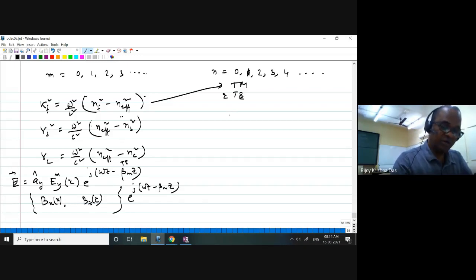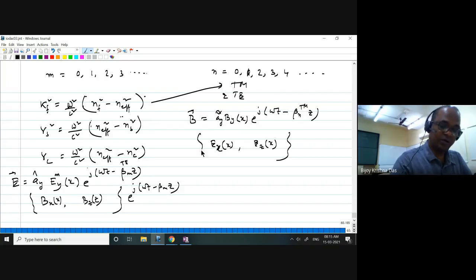And for TM also, here what we'll be writing, we can write By of x e to the power j omega t minus beta n TM z, for example, something like this. That is your B field for TM polarization. And then you can have also Ex of x and Ez of x, that should be again multiplied with e to the power j omega t minus beta n TM z.